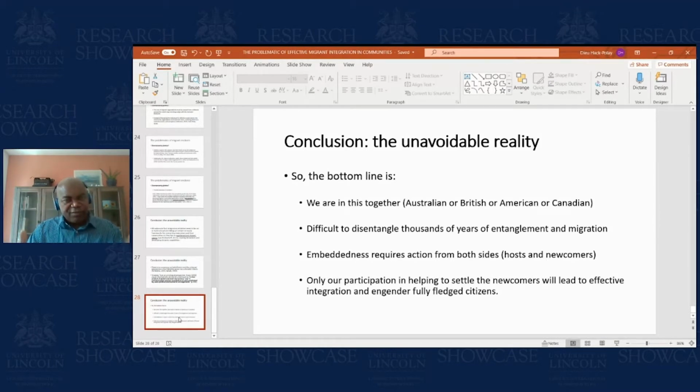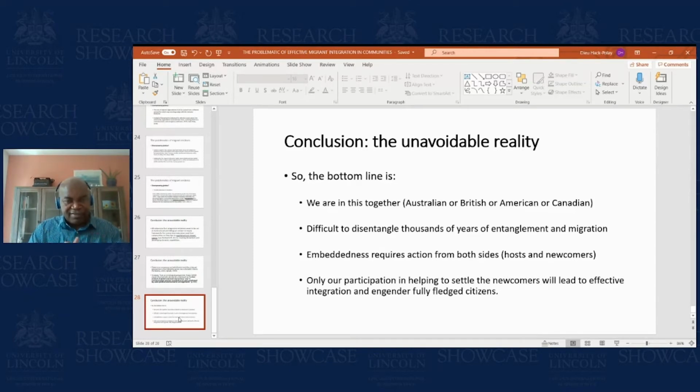And what has been constructed over thousands of years is quite difficult to disentangle in a short space of time. So we have entangled ourselves together, and it's quite difficult to disentangle ourselves. So what we are advocating in our research is the notion of embeddedness, that requires a collective action from both sides of the spectrum, migrants and locals.